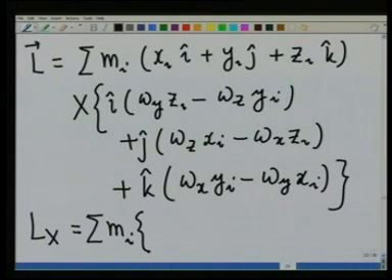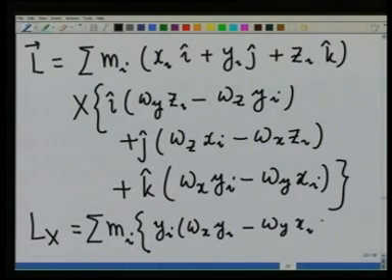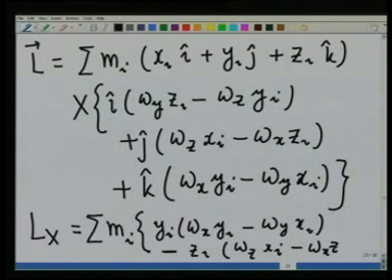For the x component, let us start multiplying. j cross k would give me one component, so that will be yi (omega x yi minus omega y xi), plus k cross j would give me a component, that will be minus zi (omega z xi minus omega x zi).